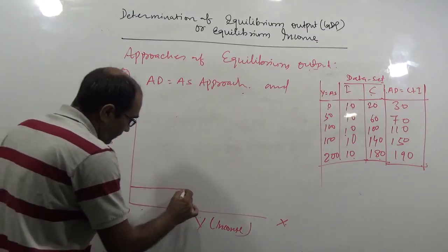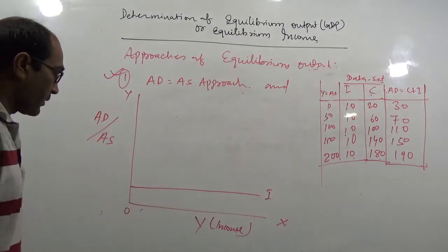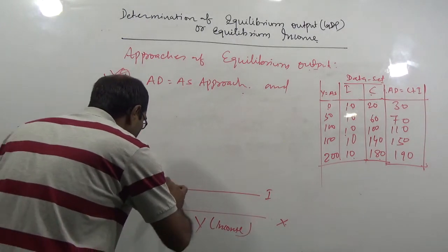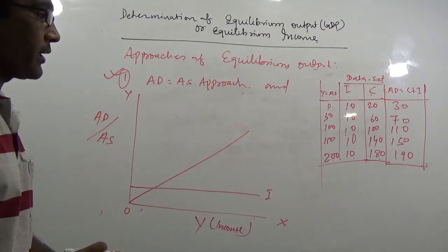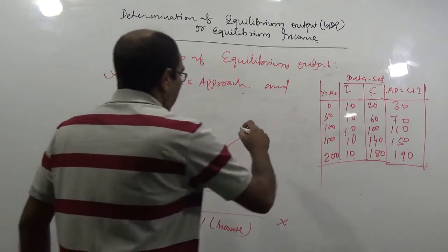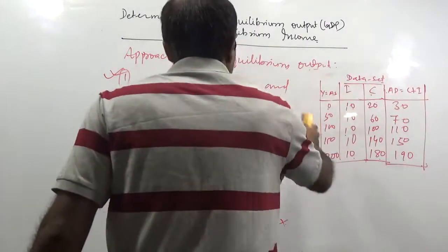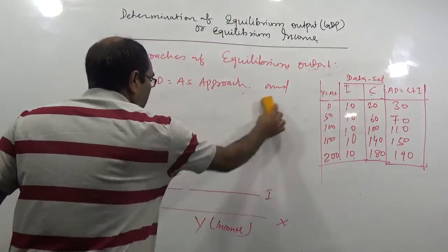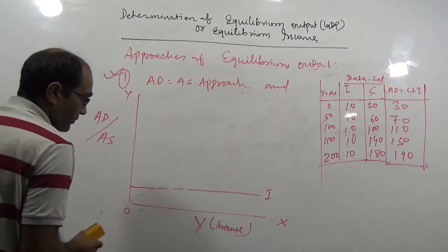We already discussed autonomous investment and AS. AS at 45 degrees maintains equidistance from both the axes.